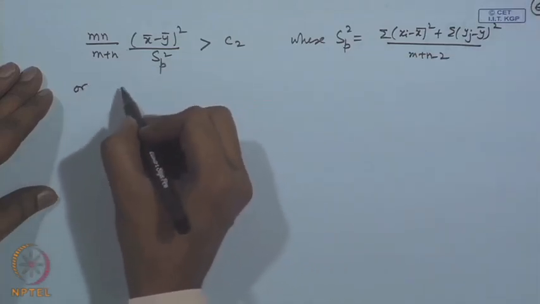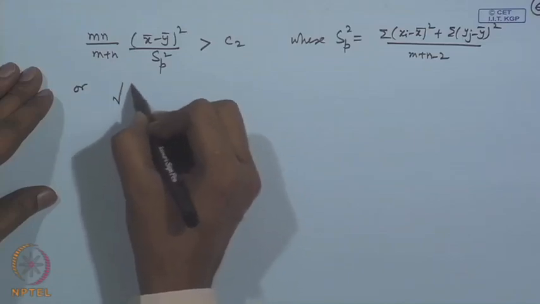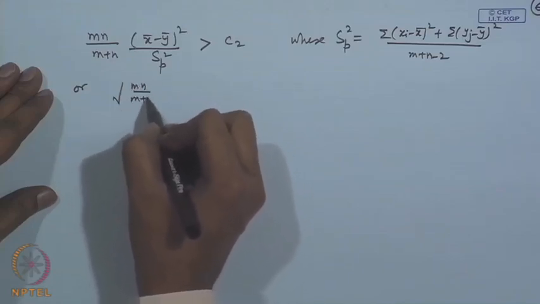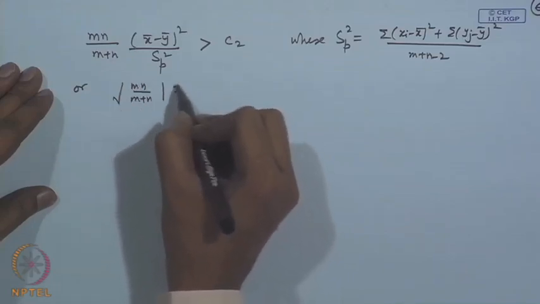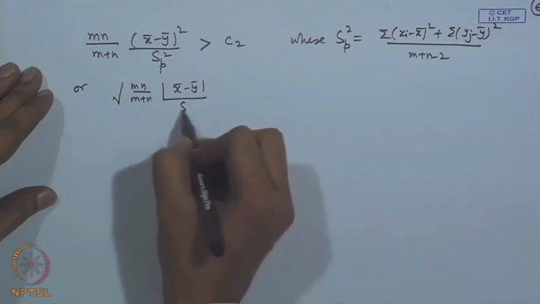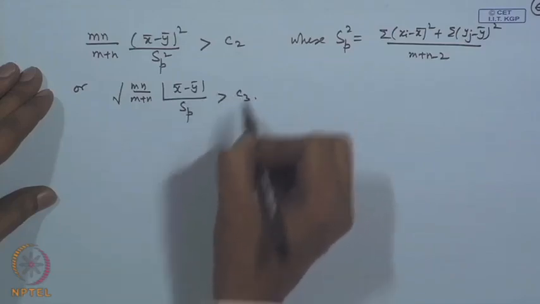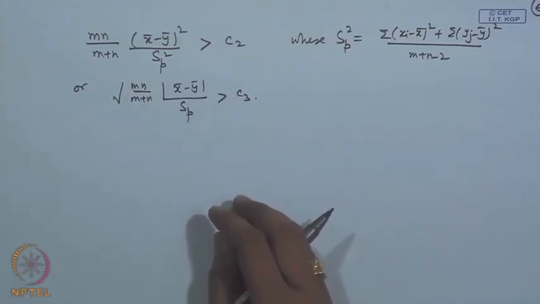If I take the square root, I get square root of m n by m plus n times modulus of x bar minus y bar divided by S p greater than say C 3.